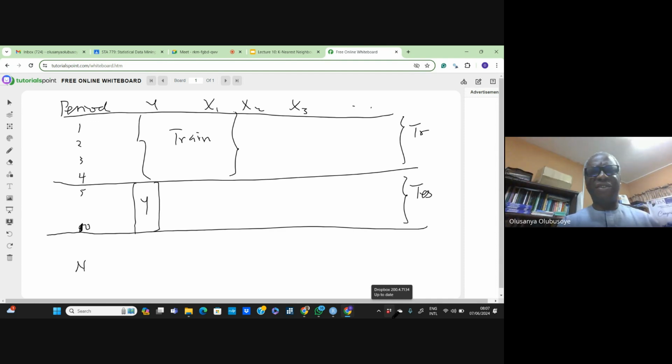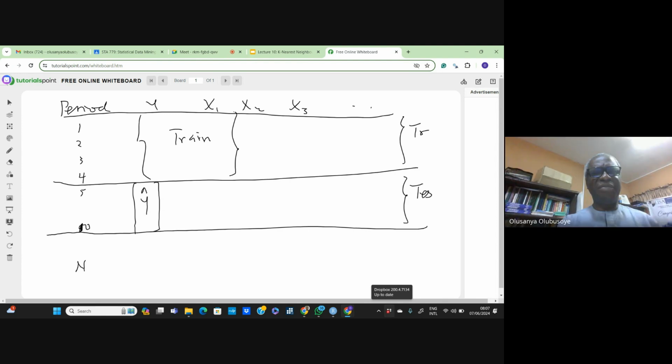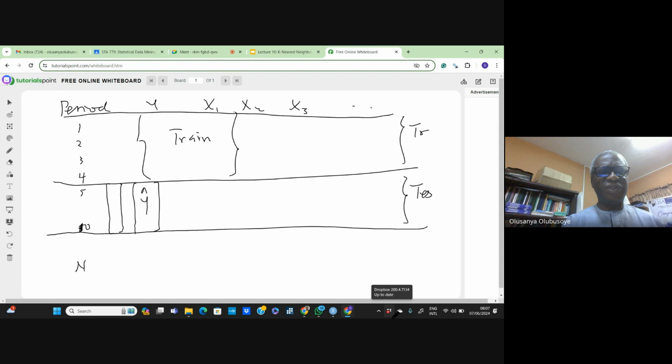After you have trained, you then use the model to predict y here. Remember, you have the actual y, which you did not use for training.